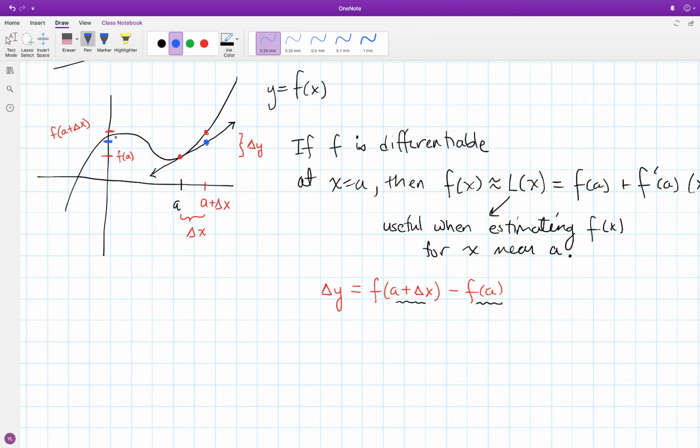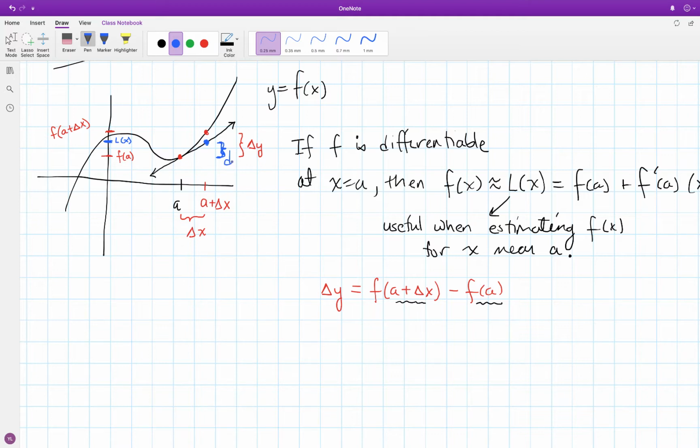This value right here, L of x, that is approximately equal to the function value, right? This distance is small the closer you are to x equals a. Okay, so we're not really interested in this lecture in approximating the function value there. I'm really interested in the change. So I'm going to use this distance, which presumably is easier to compute, to estimate this distance here.